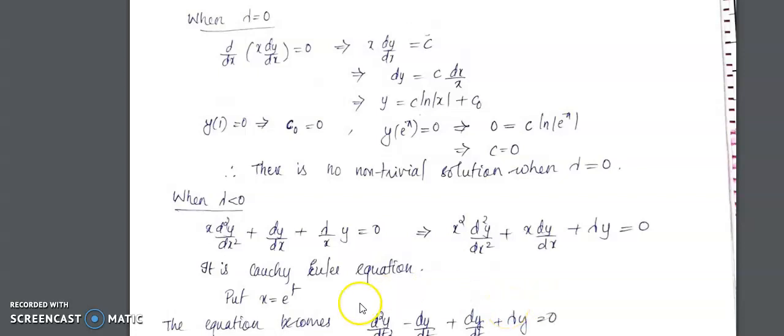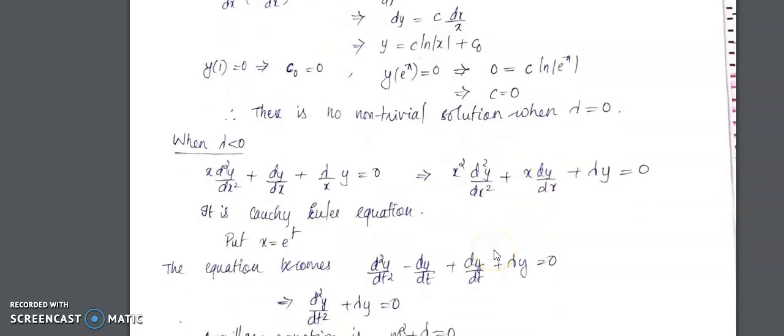By using the substitution x equal to e^t, this can be converted to an equation involving constant coefficients. On substitution, you will get d²y/dt² minus dy/dt plus, since x dy/dx becomes dy/dt, plus lambda y equal to 0.